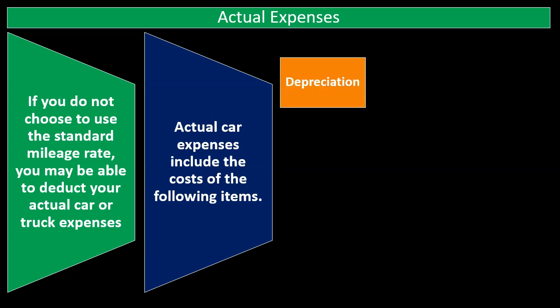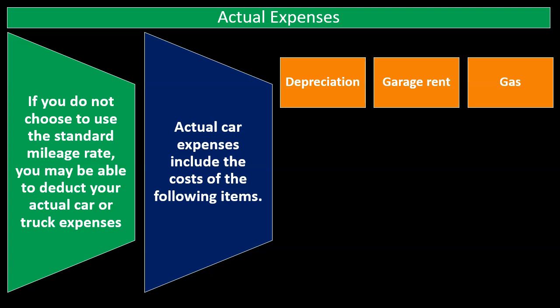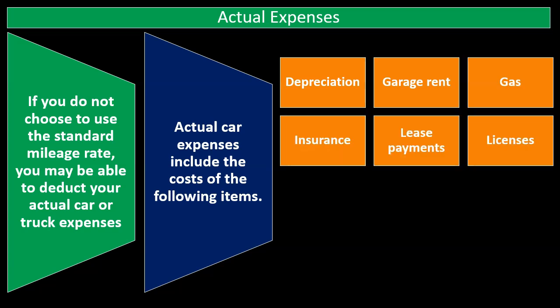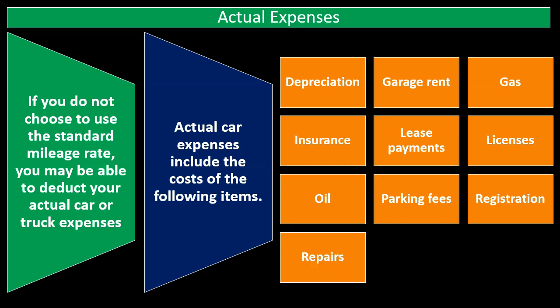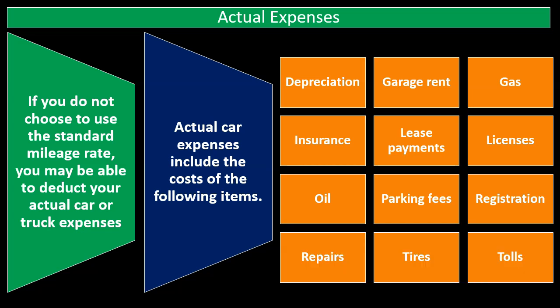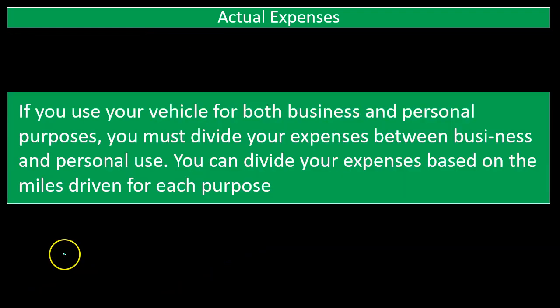So in any case, we've got the depreciation. We've got the garage rent, gas, insurance, lease payments, licenses, oil, parking fees, registration, repairs, tires, tolls. These are all things that would typically be included, or we'd have to add up if we're using the actual expenses method for the car or truck for the business use on the Schedule C. If you use your vehicle for both business and personal purposes, you must divide your expenses between business and personal.